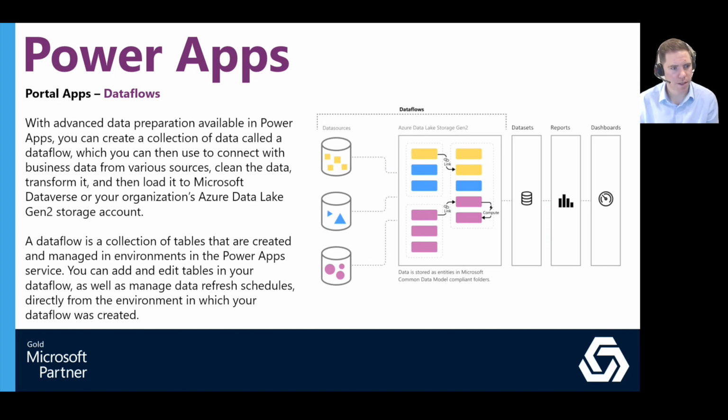Data flows. This is a great new technology that we've started using more so at Architect Services. This is about pulling data from different systems into a data pool within the Power Platform, and then interrogating that data when it sits in the common data service, or the Dataverse as now it's called. So using data flows, we can connect data from an SQL database, or an Access database, or even a Google Sheet, or major systems like SAP, Oracle, and IFS, for example.